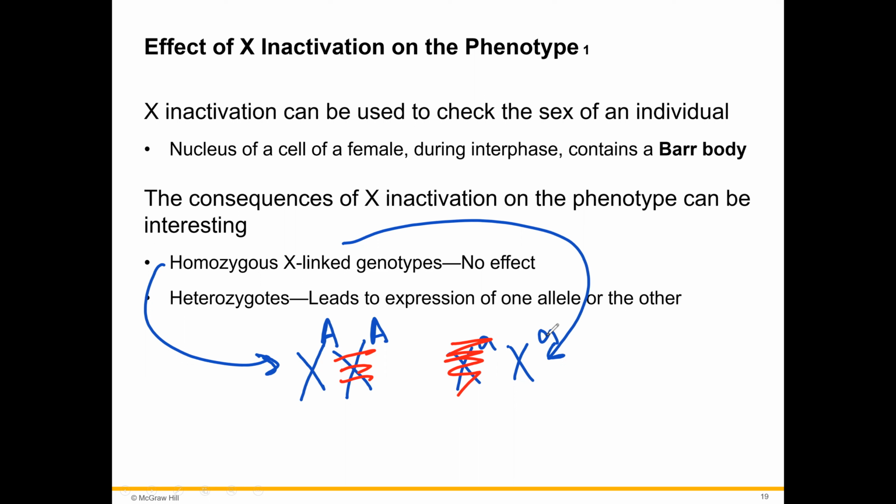However, if we have heterozygous, so this is female one, this is female two, but if we have a female that is heterozygous, that's female three, now it matters which X chromosome is inactivated. Because if we inactivate this chromosome, then all the cells that originate from the cell with inactivation of the dominant allele will have only the recessive allele.